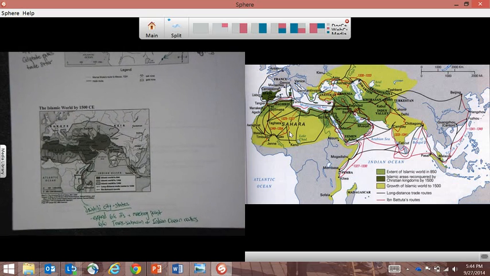They expand and they pop up because it's this meeting point between these 2 vast trading networks that develop in this time.